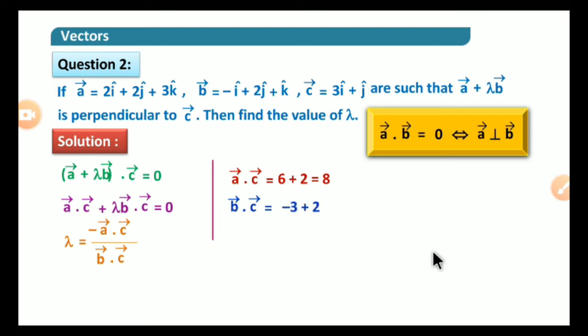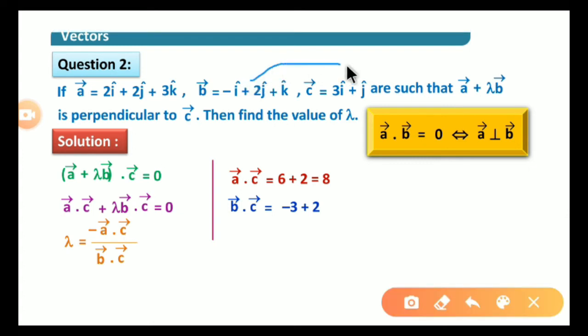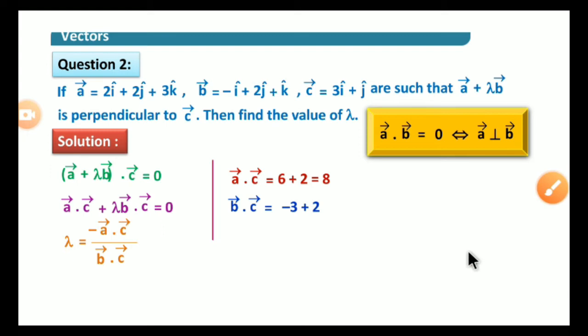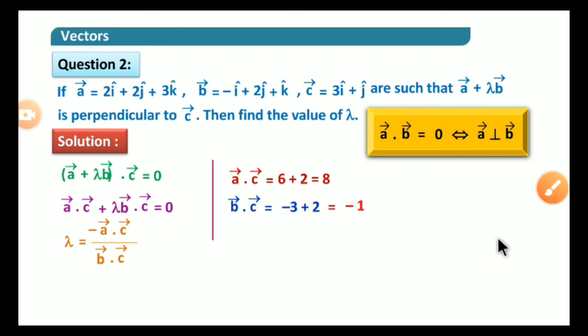Therefore, it is minus 3 plus 2, because B dot C means minus 1 into 3, which becomes minus 3. Similarly, 2 into 1 becomes plus 2, and there is no k term, so that is 0. So we have only minus 3 plus 2, so it becomes minus 1.